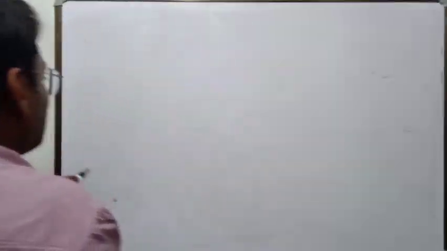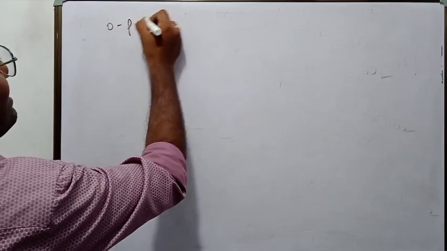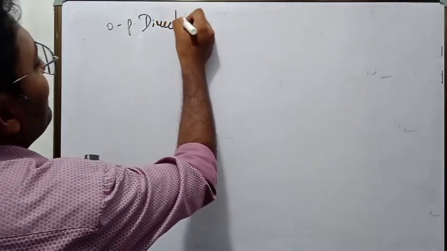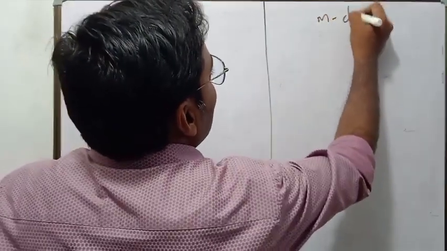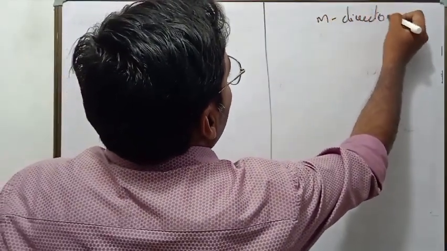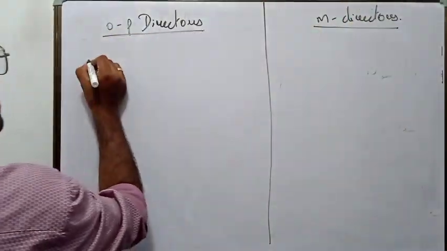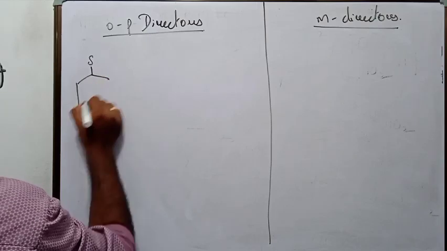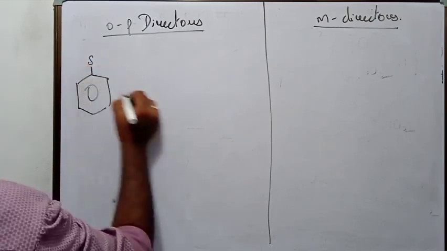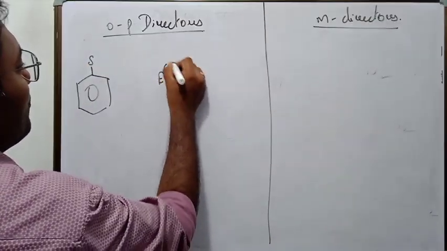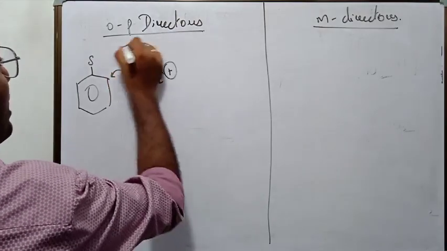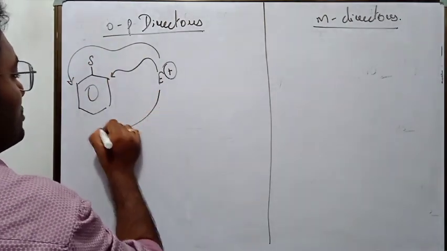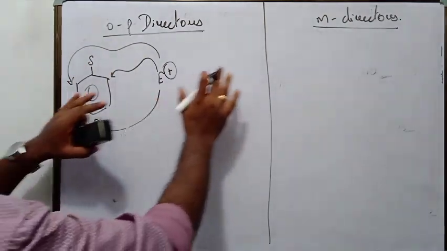The first class is ortho-para directors and the second class is meta-directors. If this S is an ortho-para director, then the electrophile will be directed towards the ortho position and para position. So those will be formed as major products.